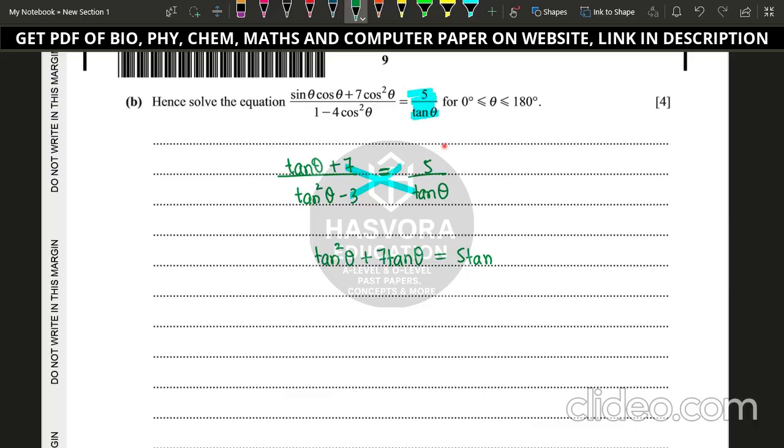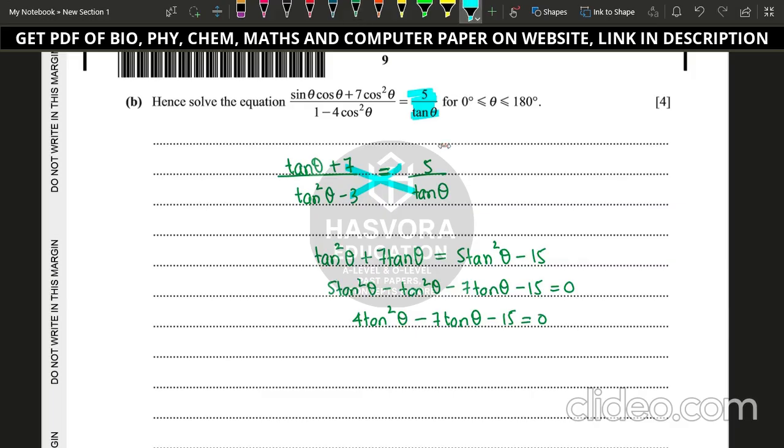It is only tan square theta plus 7 tan theta is equal to 5 tan square theta minus 15. Let's rearrange this. This becomes 5 tan square theta, and just move the tan square theta to that side. This becomes minus tan square theta and minus 7 tan theta, and minus 15 remains as it is. This becomes 4 tan square theta minus 7 tan theta minus 15.